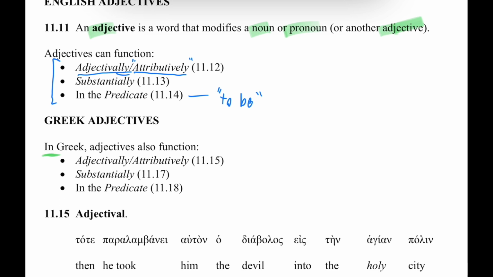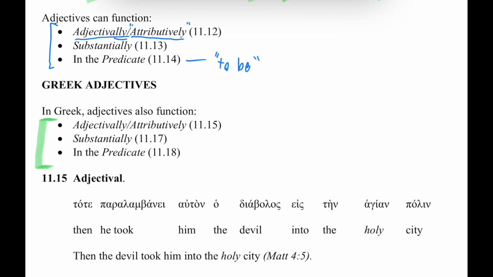And then we have the same three in Greek. So in Greek, you're going to see the same three adjective uses. There's the adjectival use, or the attributive use. This should say substantively, not substantially. Same here, substantively.